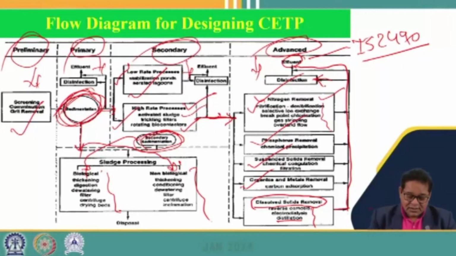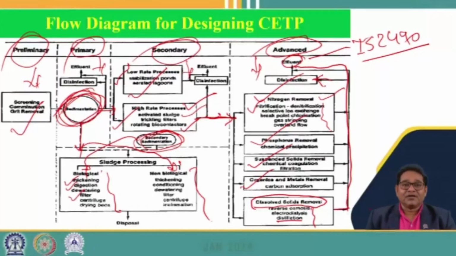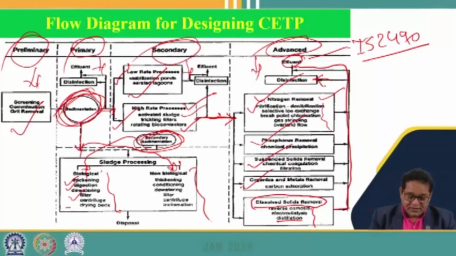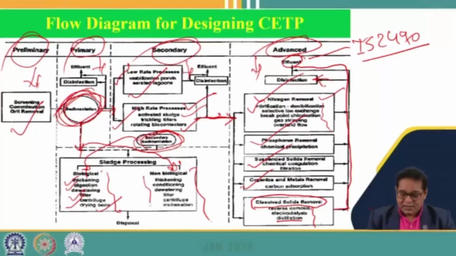Here, thickeners are designed, sludge digesters are there, dewatering using filters, then centrifugation processes and sludge drying beds are there. So accordingly we try to select the particular treatment system for management, treatment and disposal of sludge.